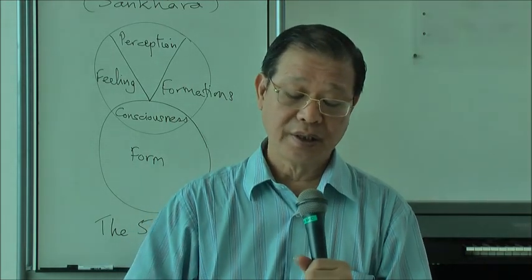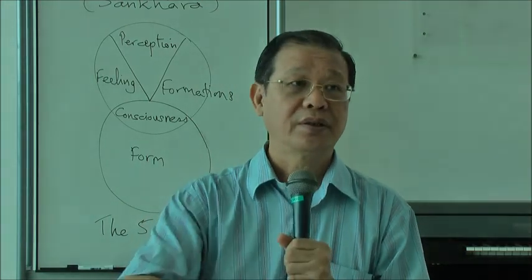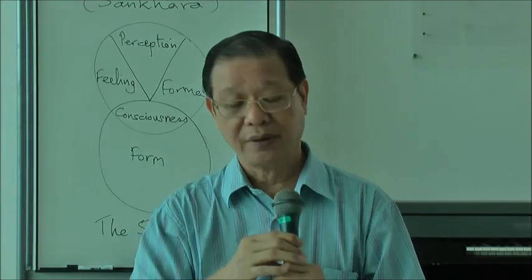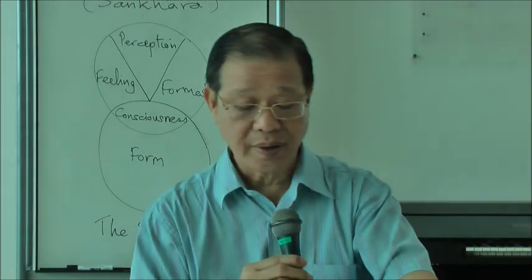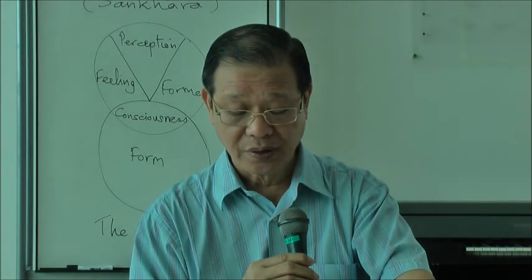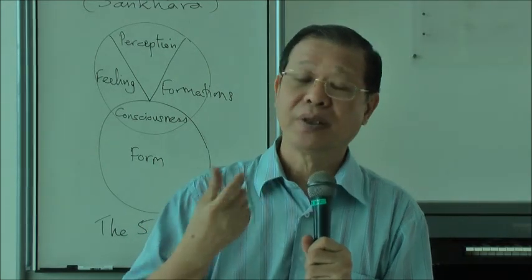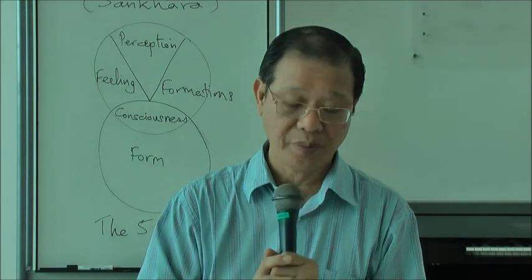These are the 4 aggregates, and then body forms the fifth. Those are the 5 aggregates. You can see the 5 aggregates working with other aspects of the mind, attention, intention, and so on. It describes how we become aware of things, how we function as a conscious living being.